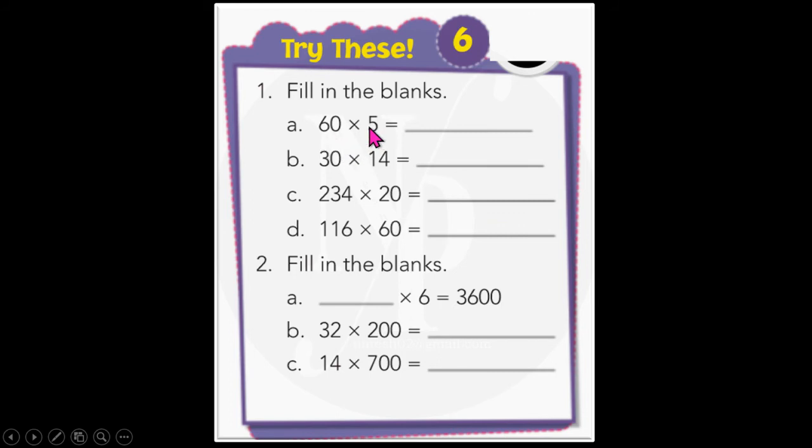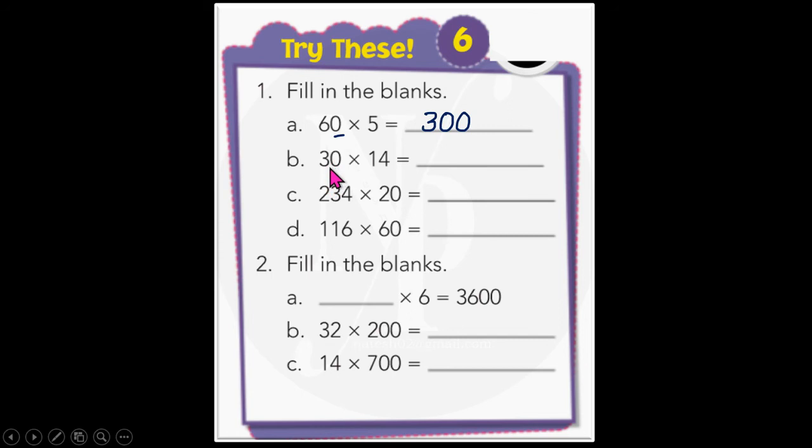To the right of the answer we write this 0. Let's do it now. So what is 6 into 5, or 5 6s? 30, isn't it? So after writing 30, we write this 0 to the right of this answer. Therefore, the product of 60 and 5 is 300.